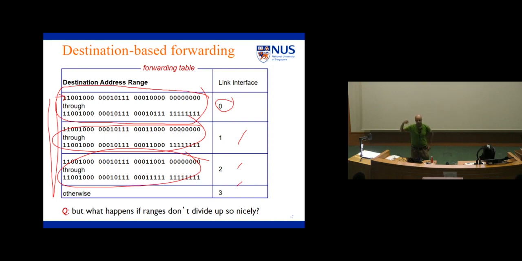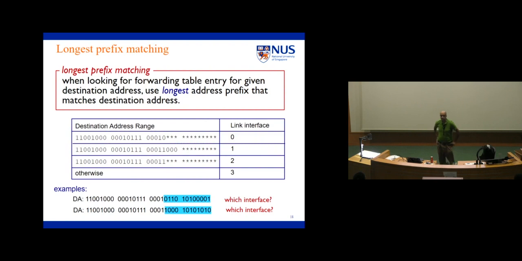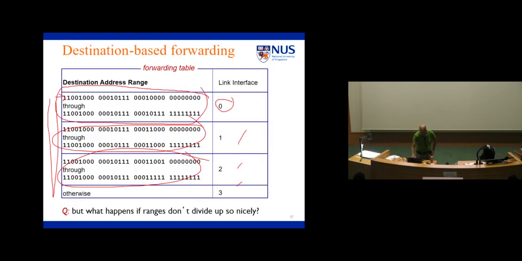But the way they are actually written down is not like this, something, something, through something. The way we actually write it looks something like this. We just write the common bits in that range. If I go back here, the common bits are here, right?